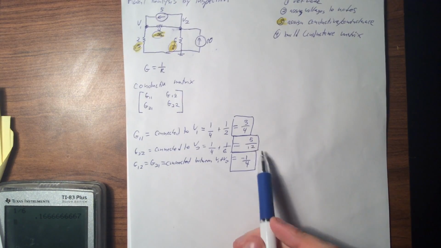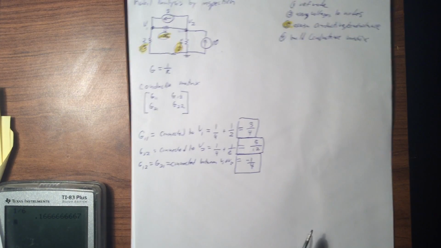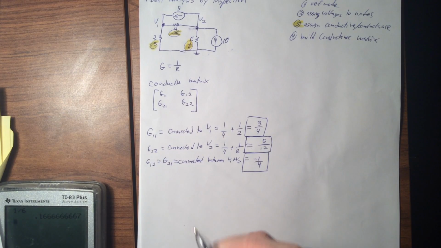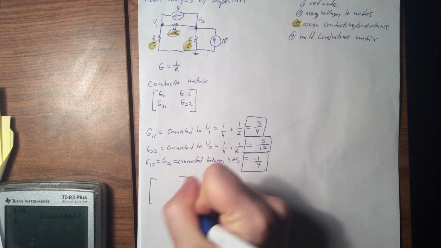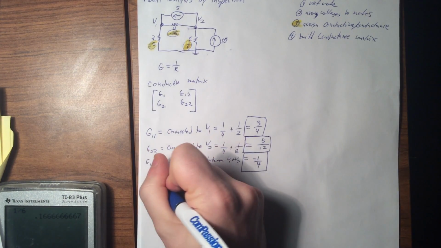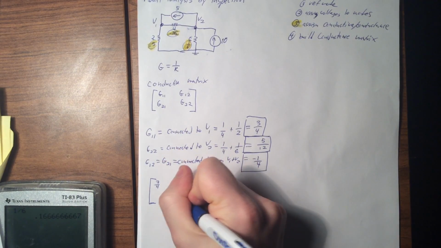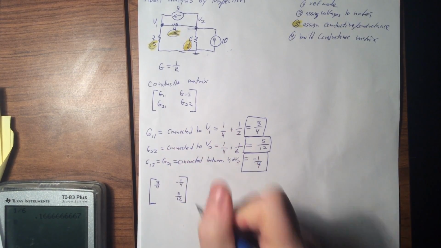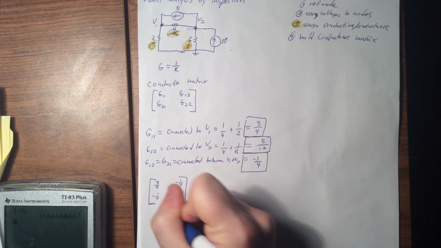Now we're going to make our conductance matrix, fill these in, and then solve. Let's make our matrix up again. G11 equals 3/4, G22 equals 5/12, and the off-diagonal terms equal minus 1/4.